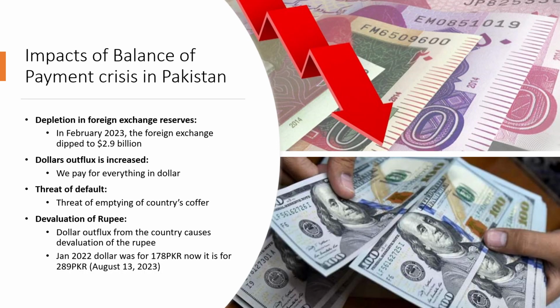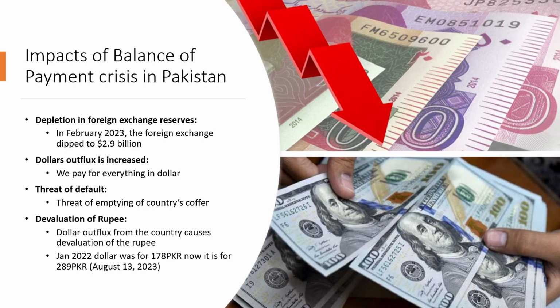So we are done with the causes of balance of payment crisis. Now we would study the impacts of balance of payment crisis. Well, first of all, the immediate impact is the depletion in foreign exchange reserves. We all know that when government does not earn, it pays for the imports from foreign exchange reserves, and all this leads to the depletion in foreign exchange reserves.